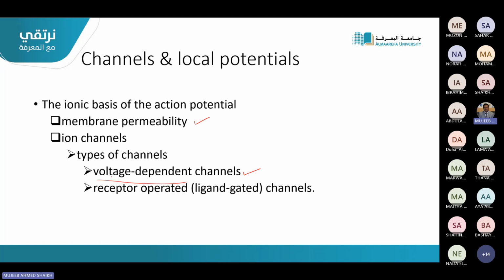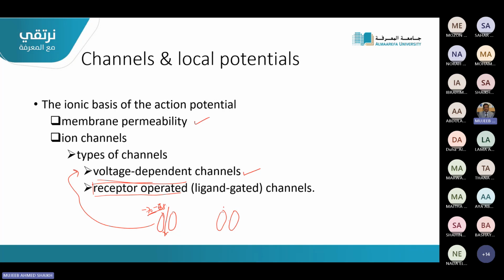Let's say this is a channel and this is another channel, maybe another door. This will open if the potential changes from minus 70 to minus 68, suppose. This is called voltage gated, because of the change in the voltage.